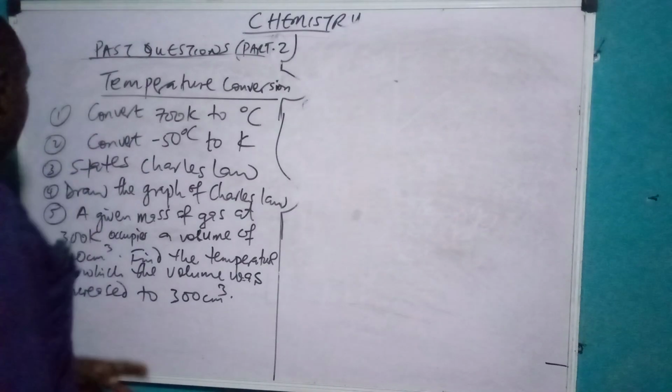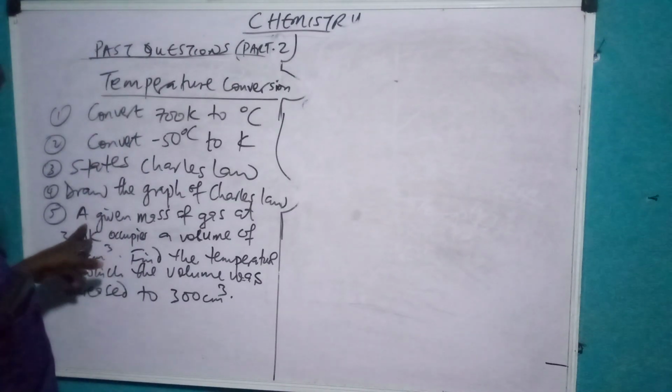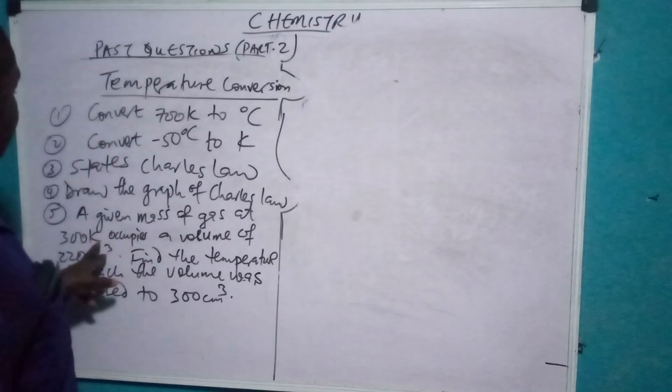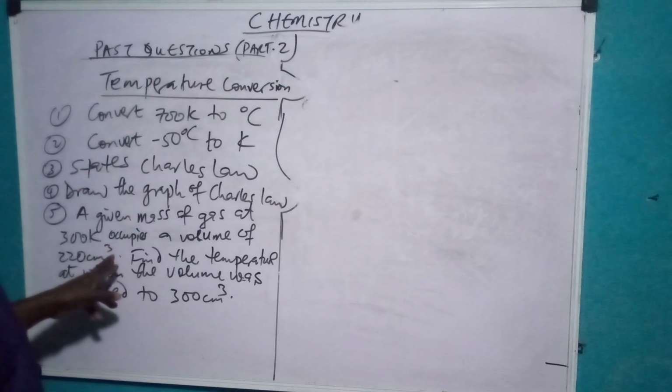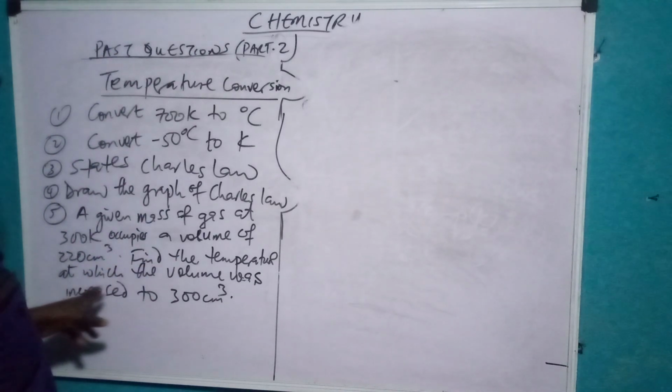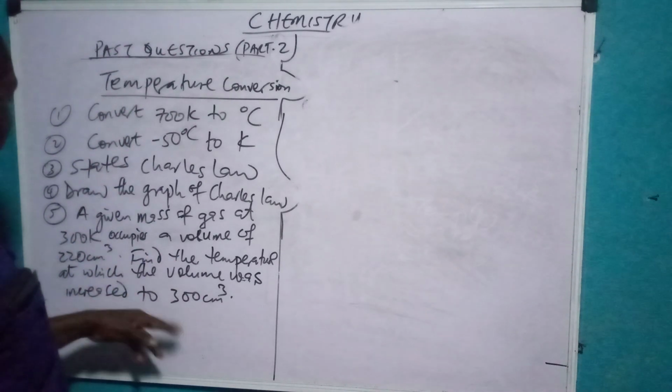Then the other one is: a given mass of gas at 300 Kelvin occupies a volume of 220 centimeter cube. Find the temperature at which the volume was increased to 300 centimeter cube.